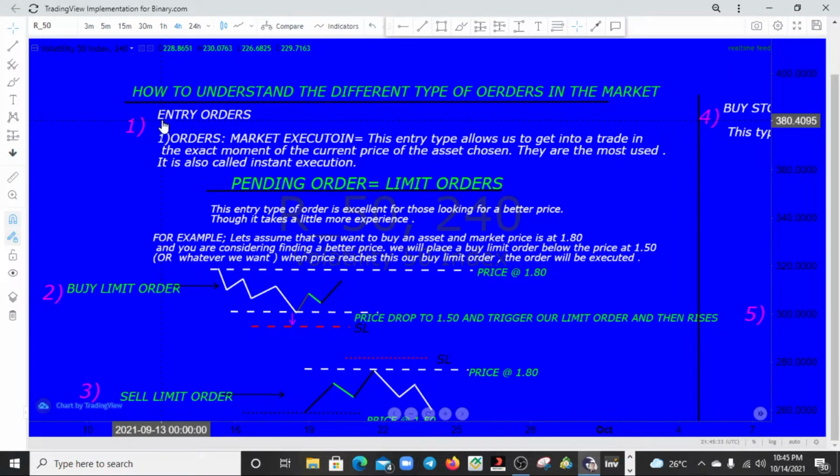First of all, we have the entry orders. Here, these orders mean market execution. This entry type allows us to get into a trade at the exact moment of the current price of the asset chosen.